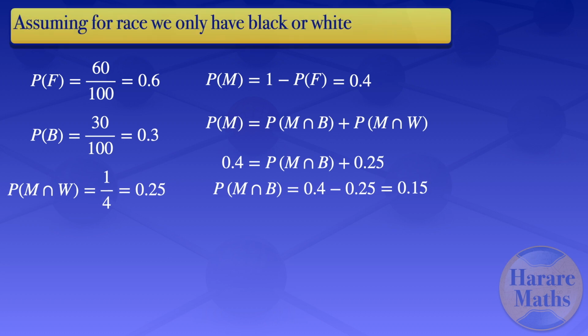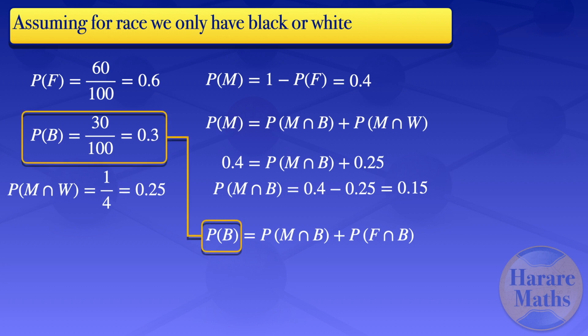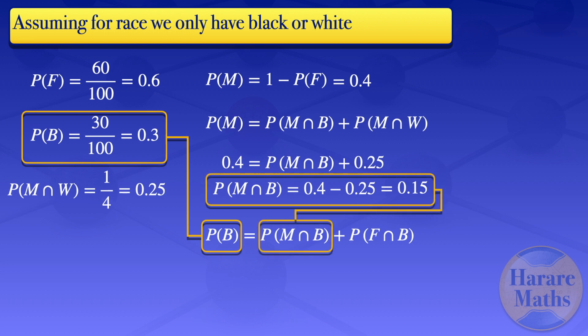Now, assuming for race we only have black or white, we would have the probability of being black is the probability of the black males plus the probability of black females. But the probability of being black there is 0.3. The probability of black males is 0.15.